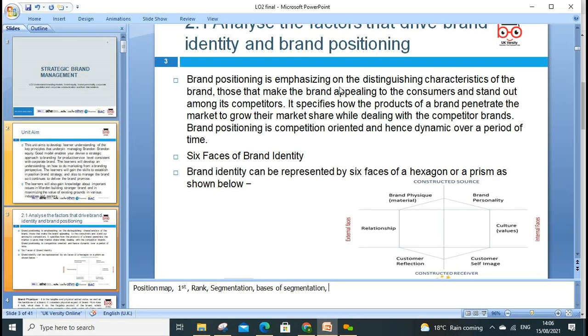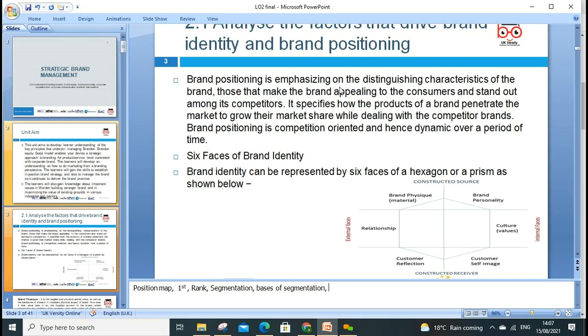As market share grows, the equity, the value of the brand, goes up. The value of a brand takes a while to develop, but it can be destroyed in one go, so we need to make sure of that. Brand positioning is competition oriented and enhances the dynamic over a period of time.